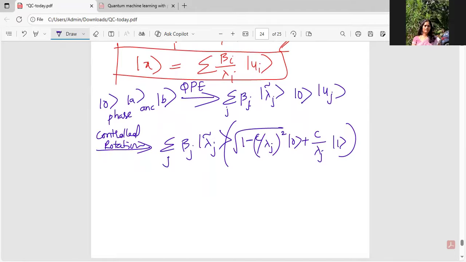I am not interested in the superposition state. I just need only ket 0. For which I will uncompute, to avoid further entanglement.